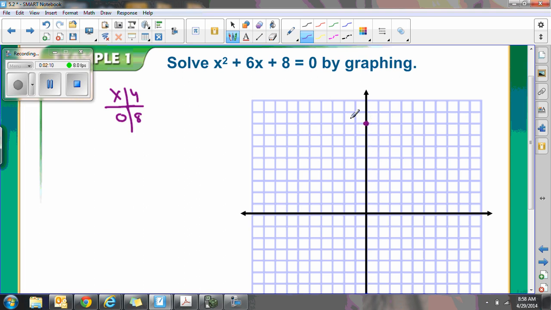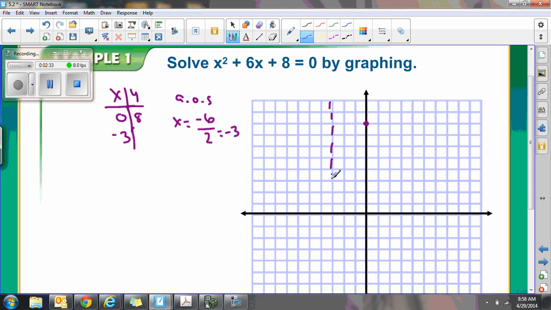So there's my y-intercept. Next we're going to look for our axis of symmetry. Remember, the axis of symmetry occurs at negative b, negative 6, divided by 2 times a, so 2 times 1, which means negative 3 is where the axis of symmetry occurs.